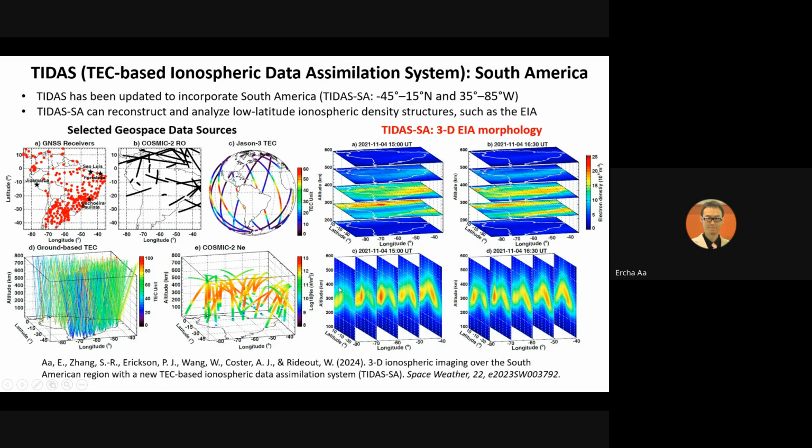So it's really hard to calculate the part within this region. So because of that, we directly use the electron density profiles within this region. That's easier to do an assimilation. But for global data assimilation, I think directly ingesting the TEC would be much better. Yeah, thank you.